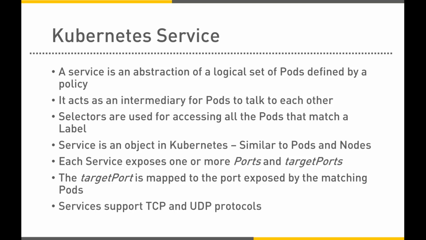So a service has an internal port and an external port. The internal port is available within the cluster, and an external port is how you will talk to it from the outside world, either through a load balancer or through a direct TCP/IP connection. You can also create services using either TCP or UDP.